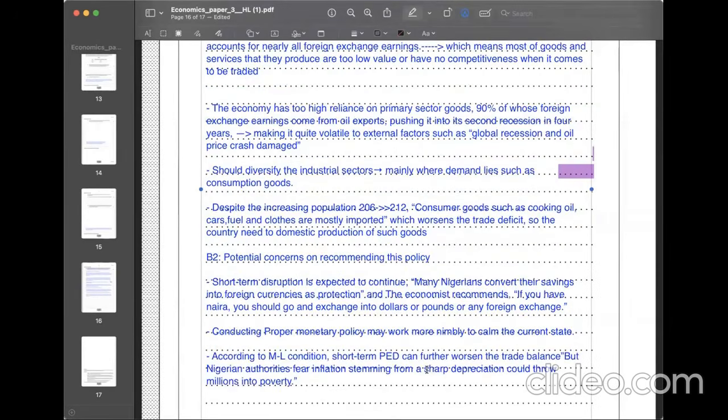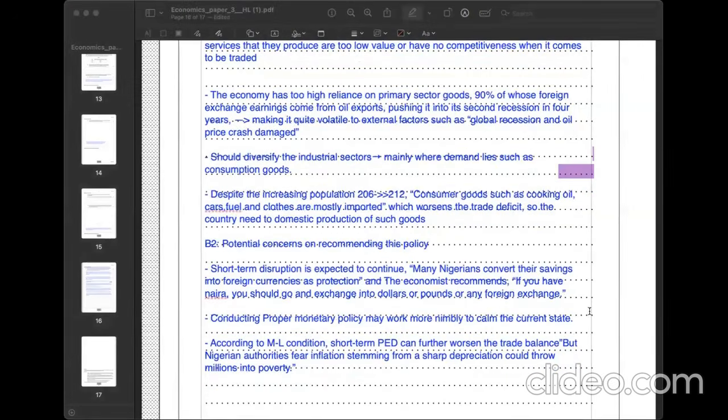This is not from the given text, but I just brought the syllabus knowledge, which is about the Marshall-Lerner condition. What is worrying is that short-term PED, which is inelastic, can further worsen the trade deficit for the moment. So the continuing depreciation can even worsen the economic situation and poverty of the country.